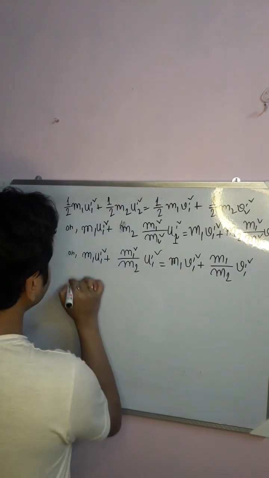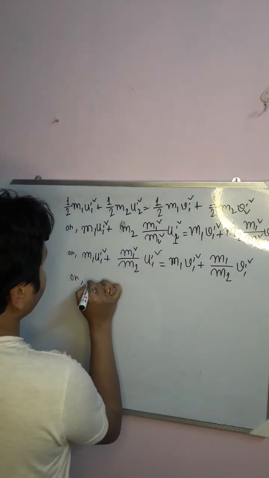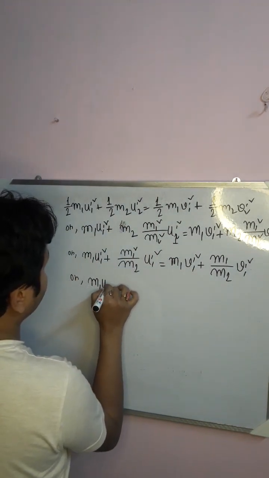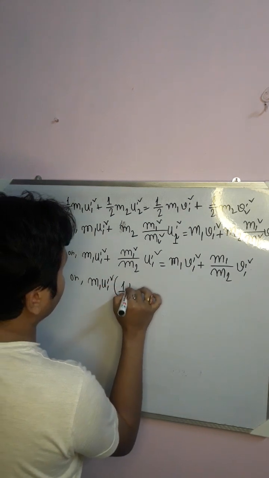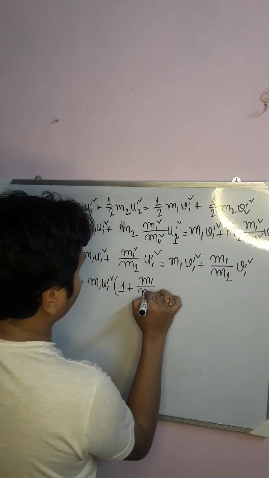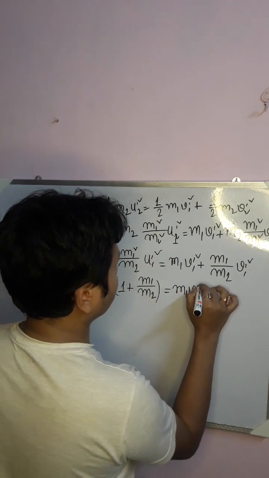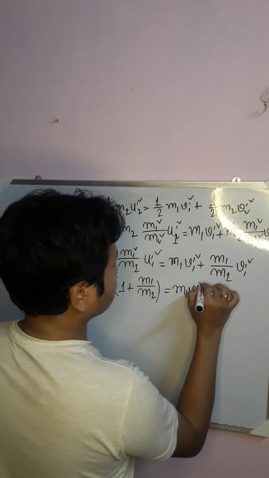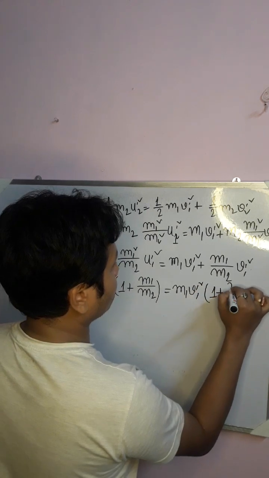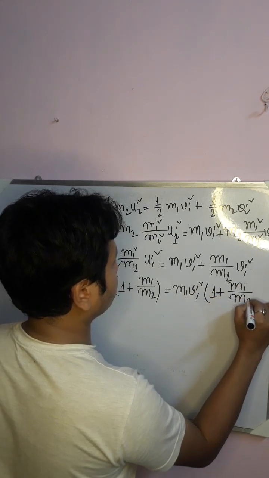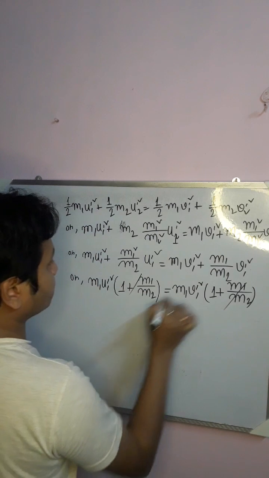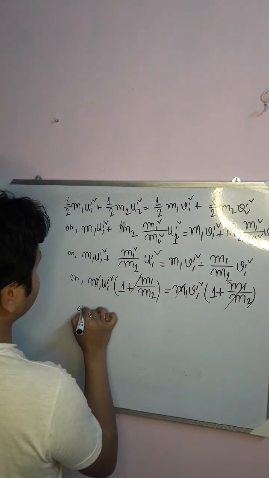Now if we take m1 u1 dash square common, we get 1 plus m1 by m2, and if we take m1 v1 dash square common, this is also 1 plus m1 by m2. So this cancels, and this also cancels.